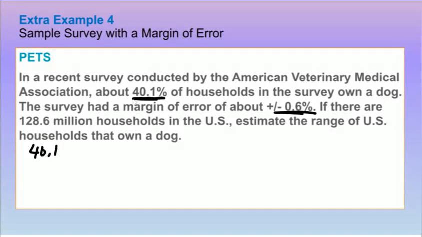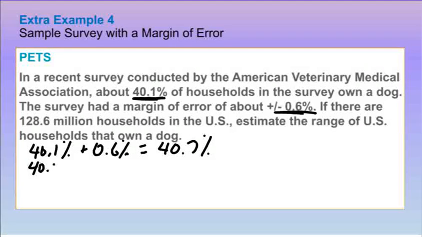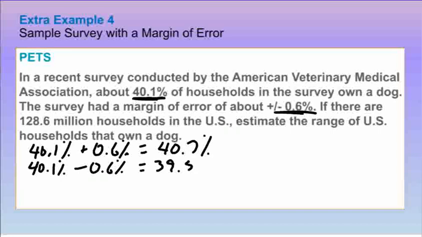So if I take 40.1% and I add 0.6% to it, that would give us 40.7%. And if I did 40.1% minus 0.6%, that would give us 39.5%.